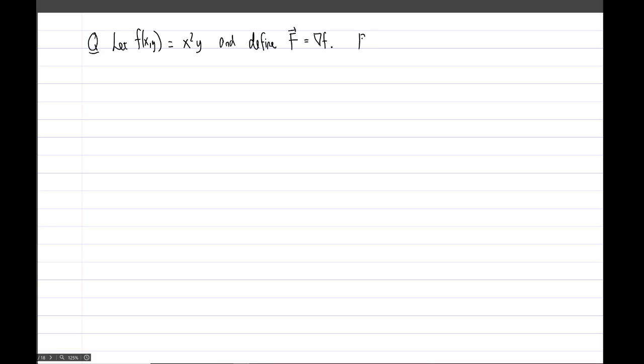Then let's find the integral over the curve C of the vector field, capital F dot d vector r, if C is the line segment from the point 2 comma negative 1 to the point 1 comma 3.